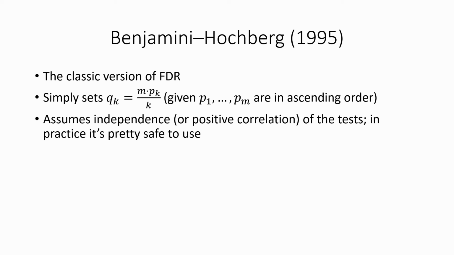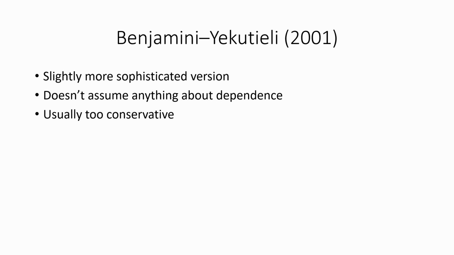But that's just what people do in practice. Most of the time they will use it, and they won't even check this kind of independence or positive correlation condition. But if you want to be more strict and better than what most people do, you can use a different version known as the Benjamini-Yekutieli, developed in 2001.